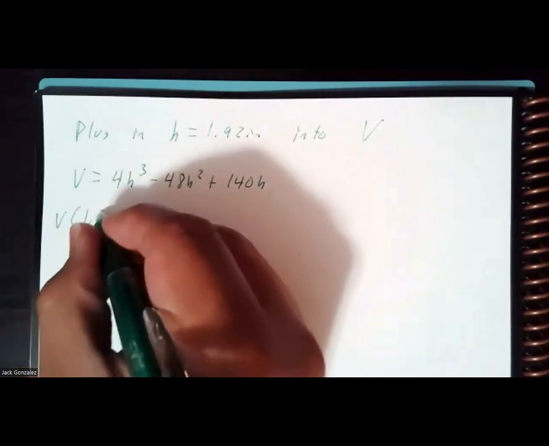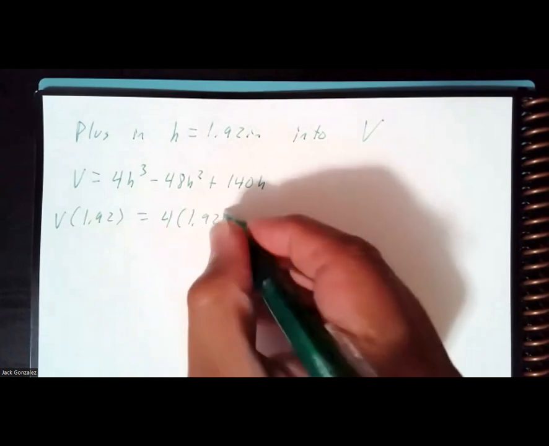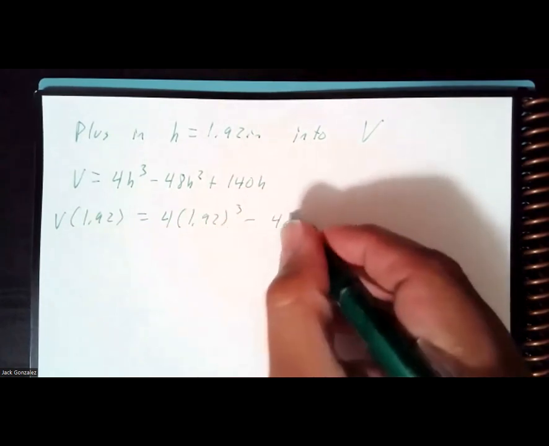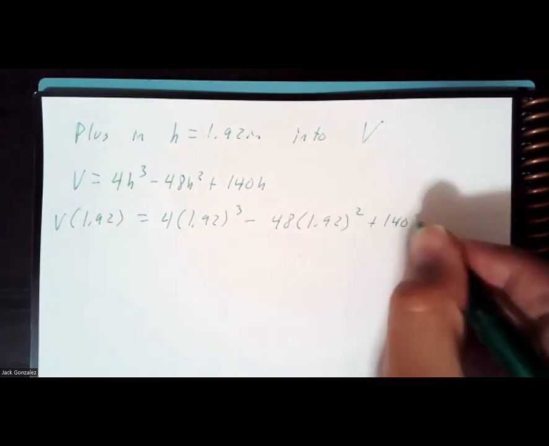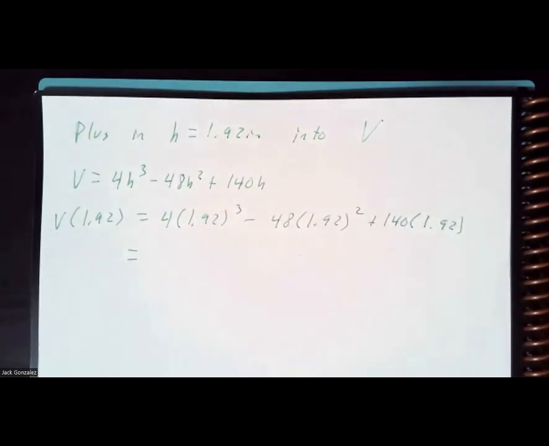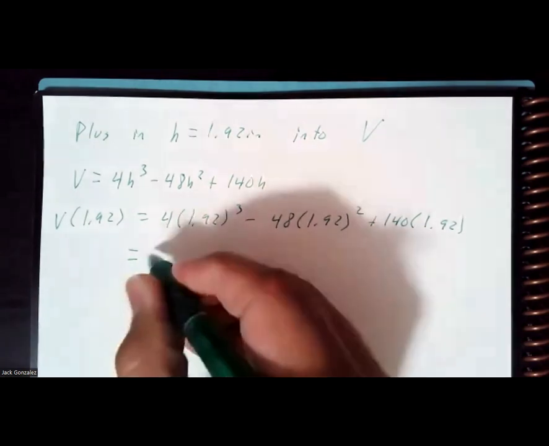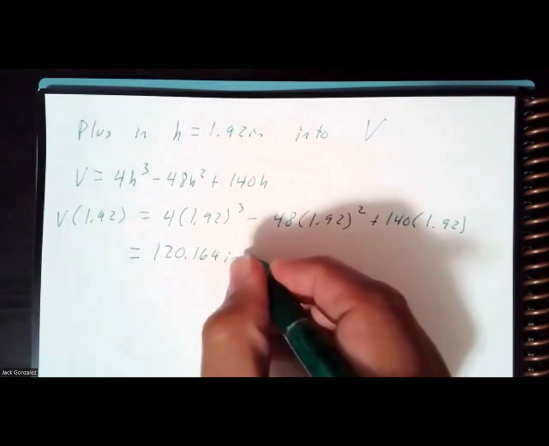V at 1.92, crunch those numbers, you should get 120.164 inches cubed.